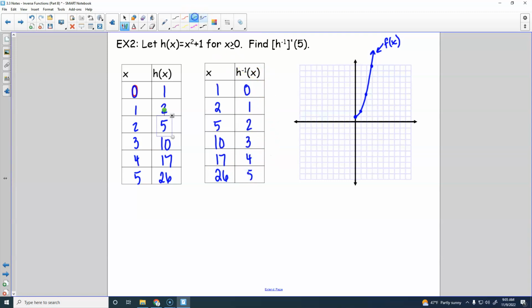The inverse would be 1, 2, 5, 10, 17, 26, and then 0, 1, 2, 3, 4, 5. So if I graph that in green, then I would be looking at (1, 0), (2, 1), (5, 2), (10, 3). So that would look like this.